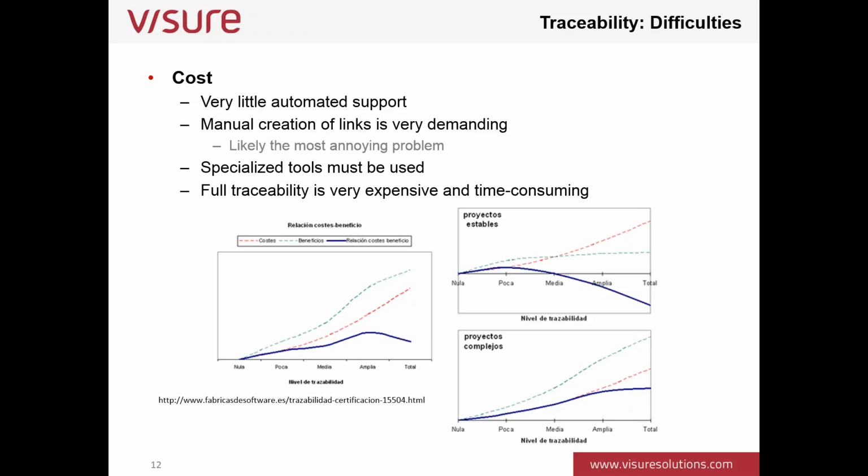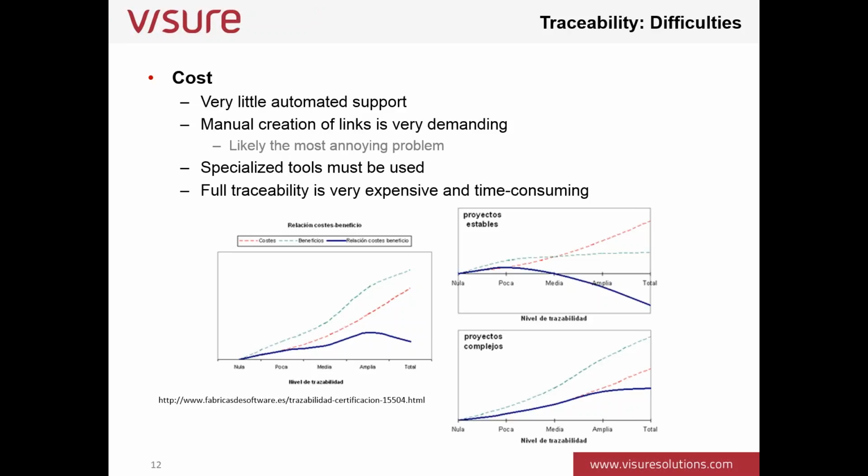Basically, full traceability is very expensive and time-consuming. There are three graphs on this page. Sorry, I got them from a page that you can see there, and they are in Spanish because it's a Spanish page, but I can translate that for you. Basically, it's a cost-benefit relationship. The red line in the graph represents the costs of keeping the requirements traced.